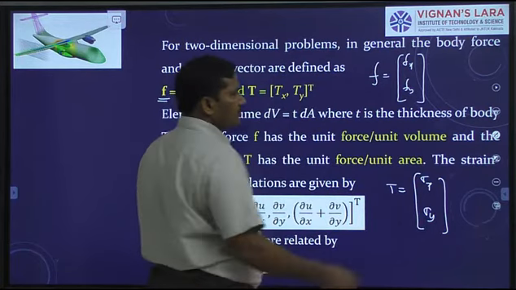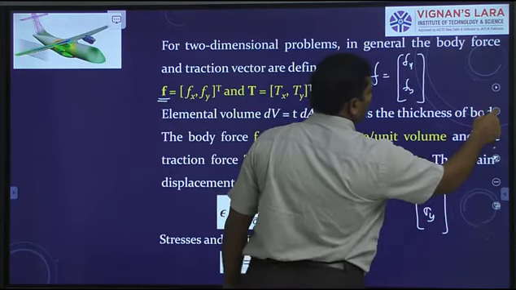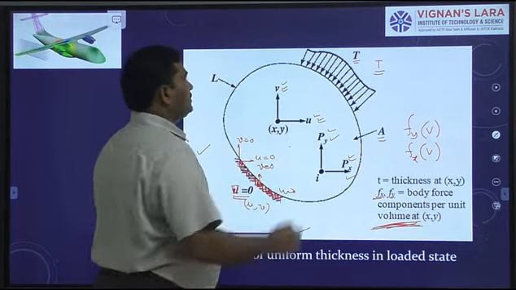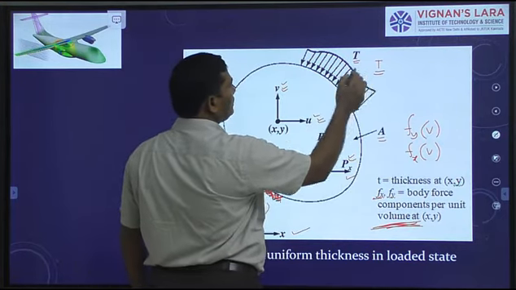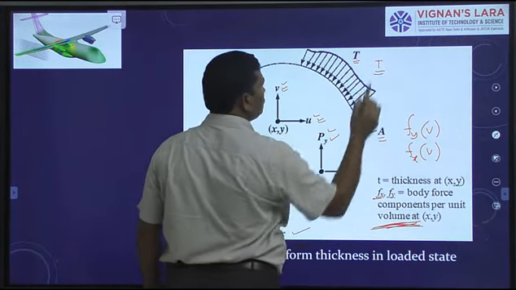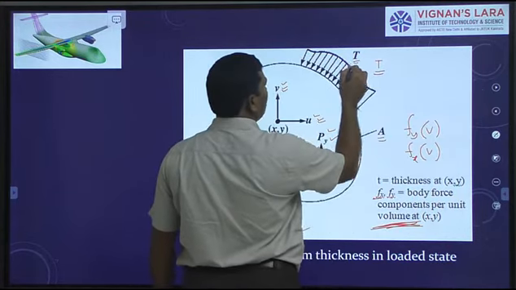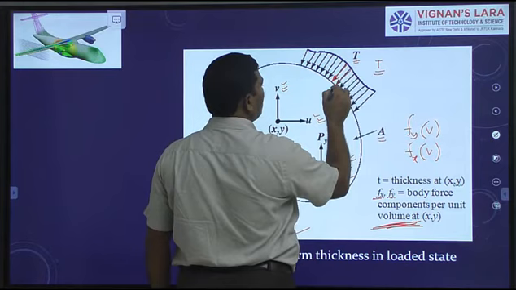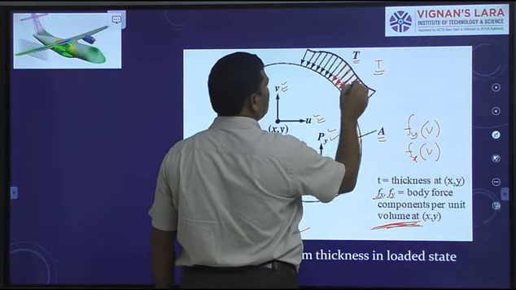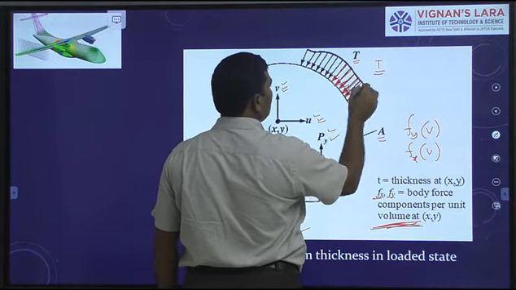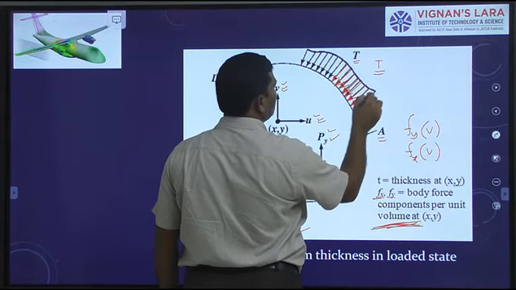If we go back and see the figure again, this is the surface traction. This you can resolve into two components, Tx and Ty. The surface traction is applied normal to the surface here.